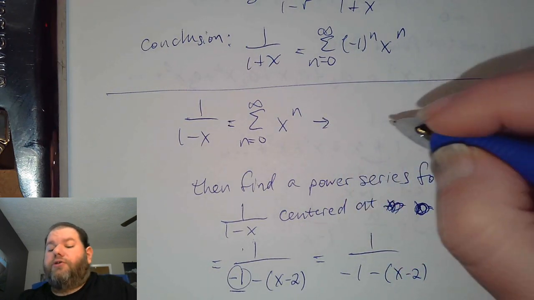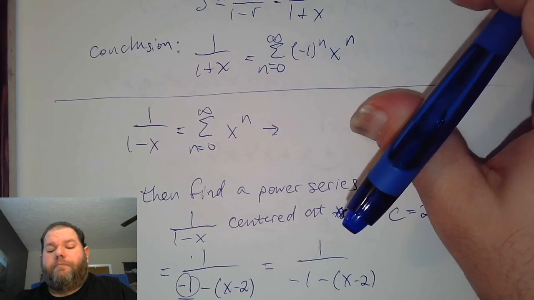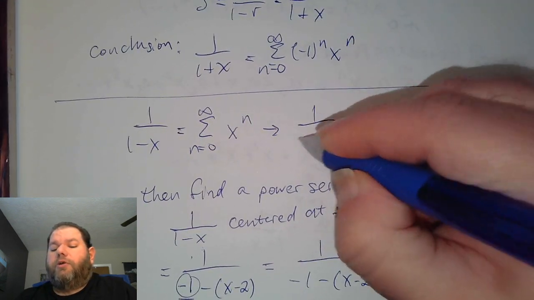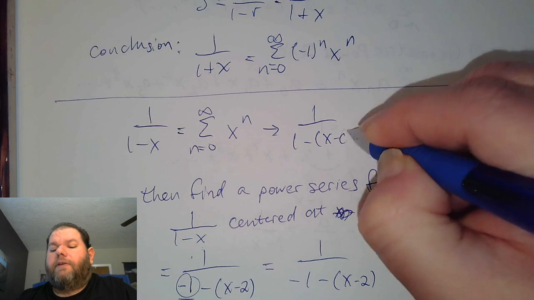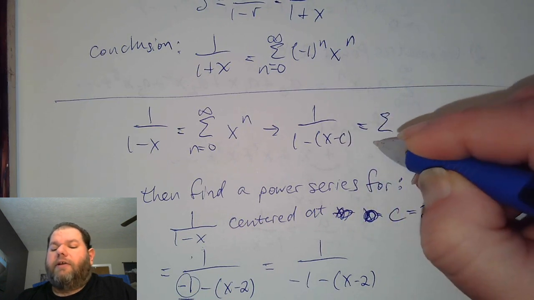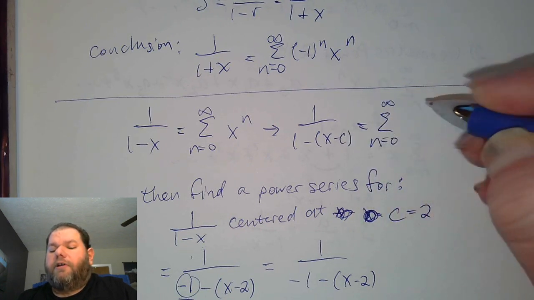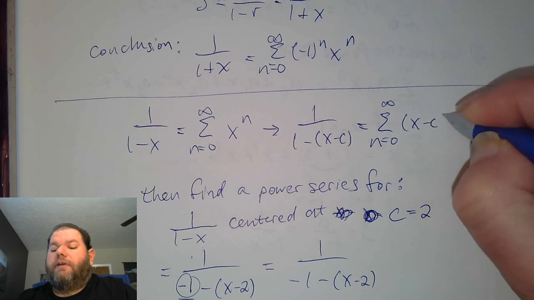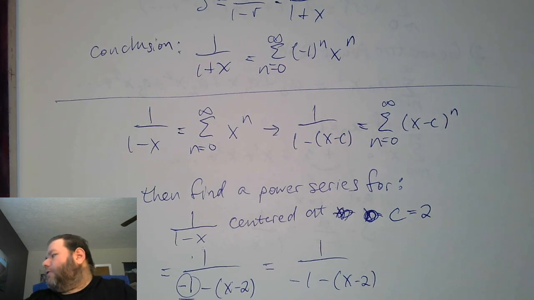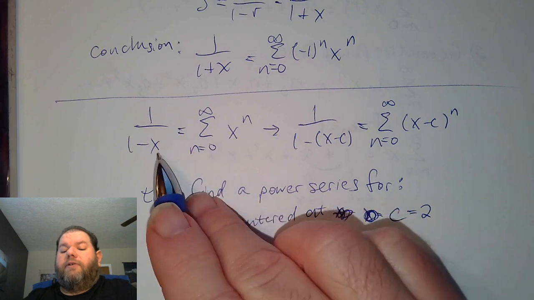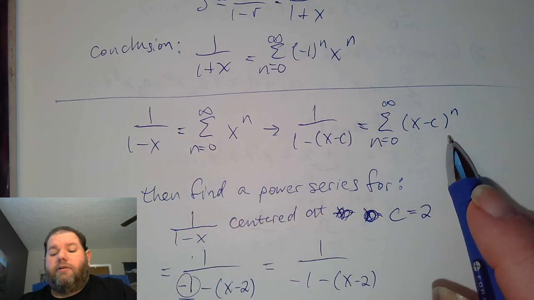Here's the larger issue. 1 over 1 minus x minus c we can say is the sum from n equals 0 to infinity of x minus c to the n. This one is centered at 0, this one is centered at c.